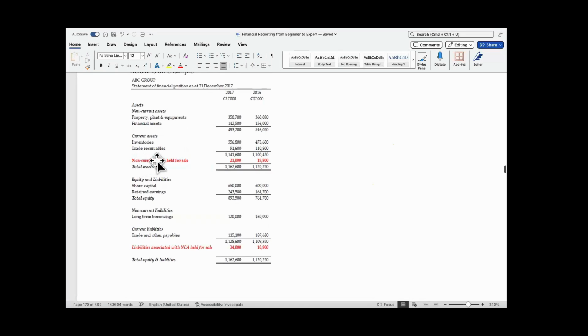You present it separately on its own as a non-current asset held for sale. So I said that it could be any asset. It could be plant, building, machinery, whatever it is. It could be investment property held for sale, as the case may be.